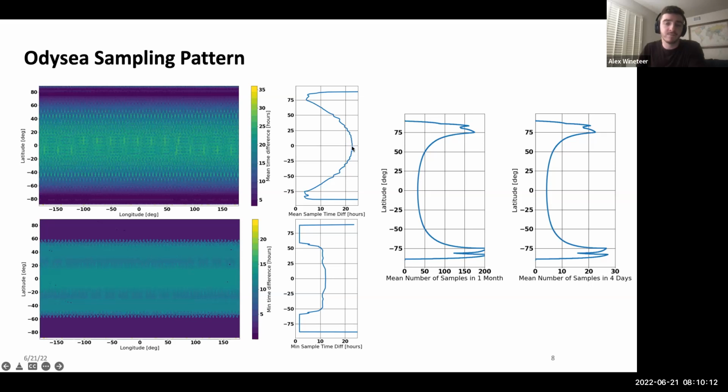You get about 24 hours at the equator and significantly less, around 5 hours at the poles. In 4 days, this plot on the right, and I'm mentioning this because we have this 4-day repeat cycle, you get about 30 samples at the poles and about 5 samples at the equator.